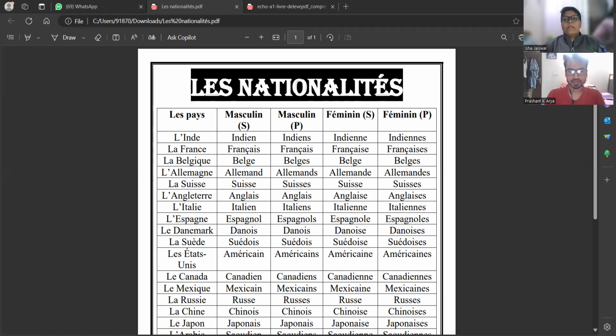Here we have masculine and feminine both, singular and plural also. What we need to keep in mind is that you just need to know the masculine one, and the feminine, singular and plural we can make ourselves.